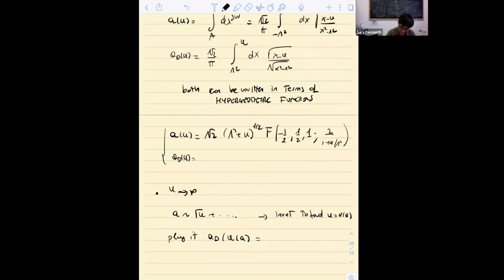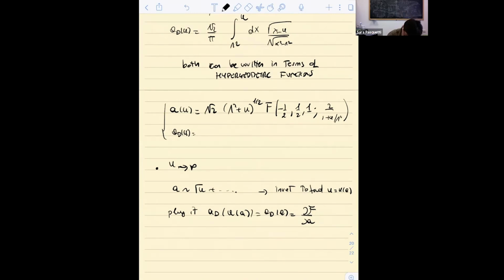So you get a dual as a function of A, which is the derivative of the prepotential with respect to A, and you integrate to find the prepotential.